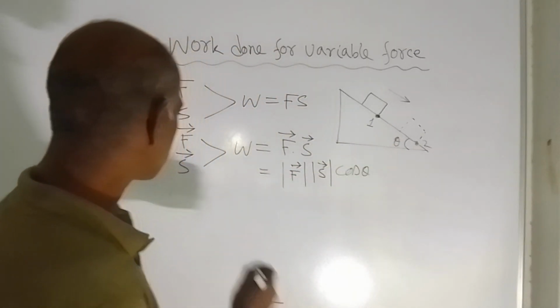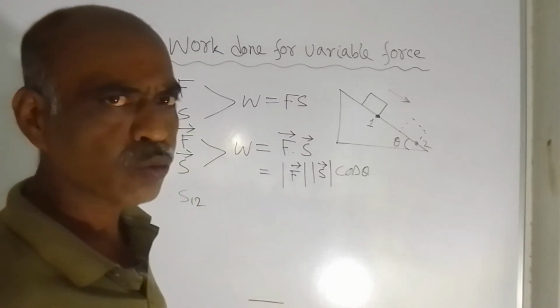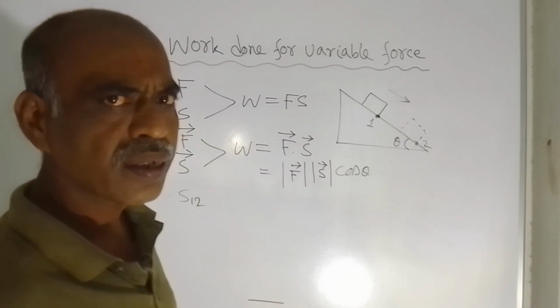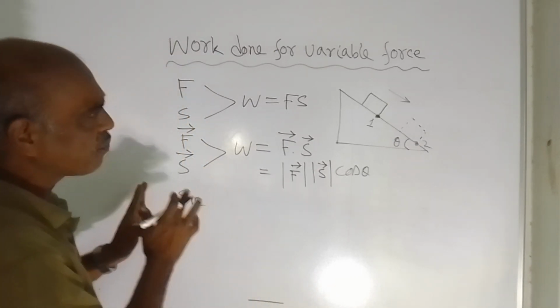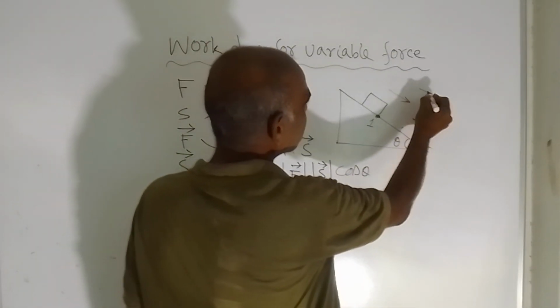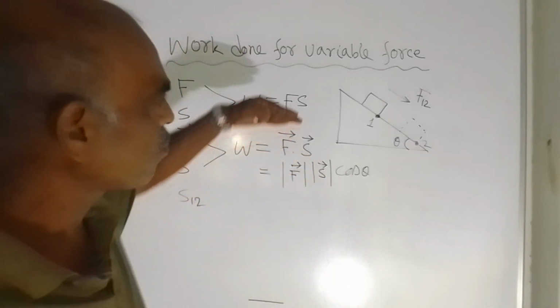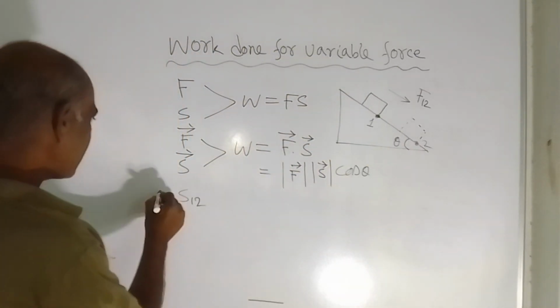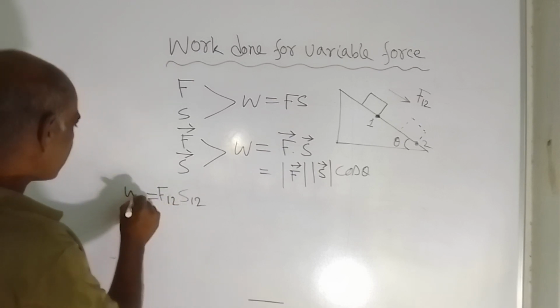Suppose the displacement from 1 to 2 is denoted by S suffix 1 2. And suppose in this direction the force is denoted by F suffix 1 2. Then F 1 2 into S 1 2 is the work done for 1 2.